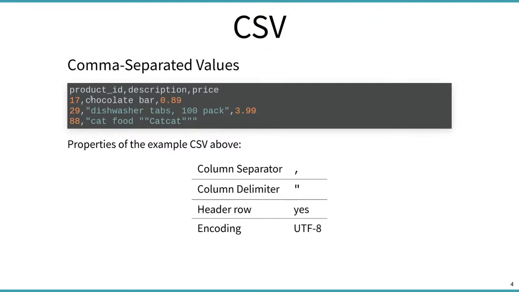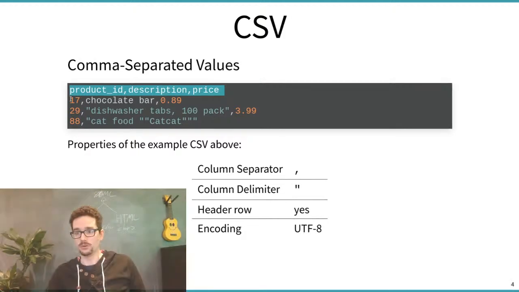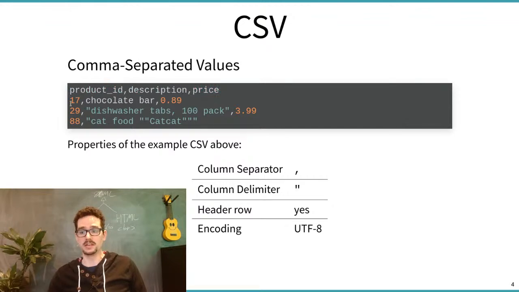CSV, comma separated values. What we often have is a header row. So this first row here does not contain data, it contains the metadata.